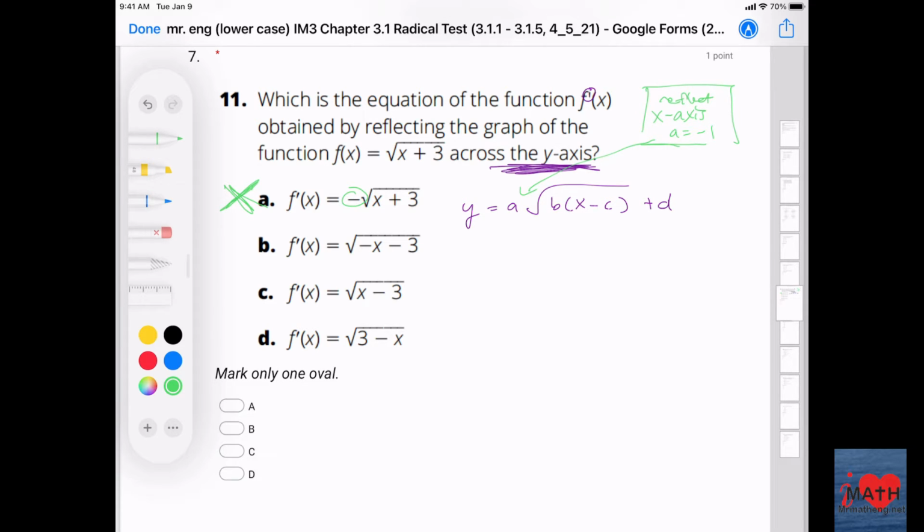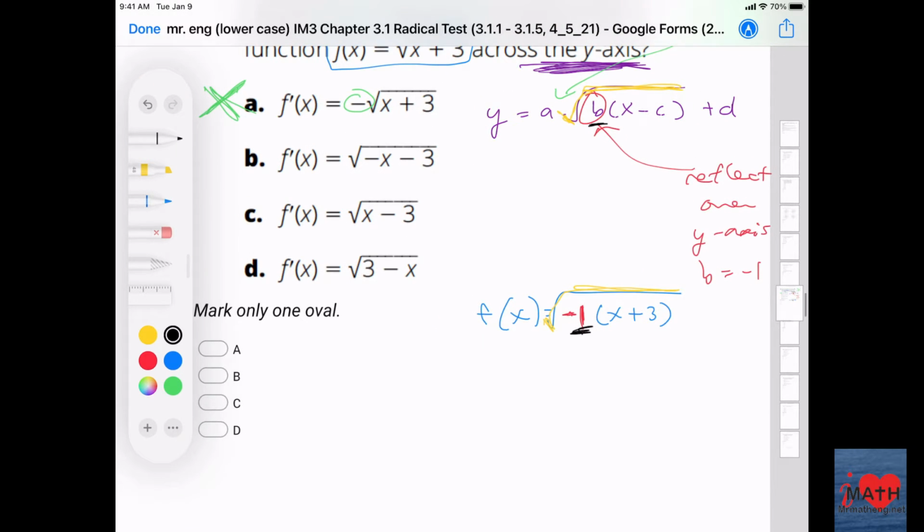Okay, so what we want is a b value. This reflects it when the b value is equal to negative 1. So if I make that value negative 1, and I go ahead and just write the original function, there you can see that the number is inside the radical, but notice how it is to the left of the x.